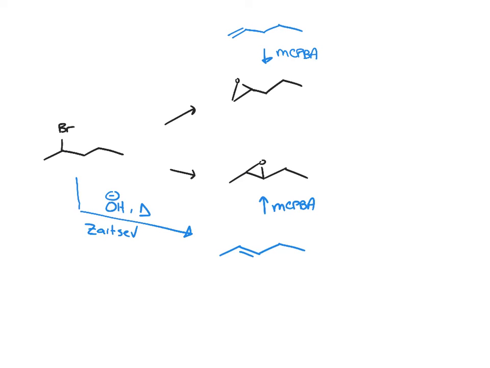Okay, so an easy way to do that, and you could pick different bases. I don't know what I may have used on the problem set, but any base, and just to help make sure we eliminate, I want to add heat. That'll do the elimination across this double bond to give the more substituted product. If you want the double bond on the end, you're getting this less substituted double bond.